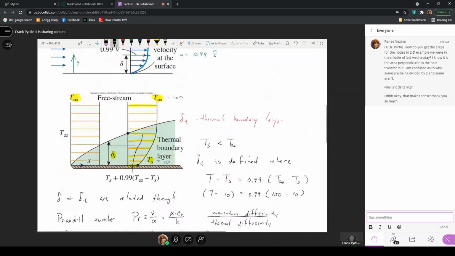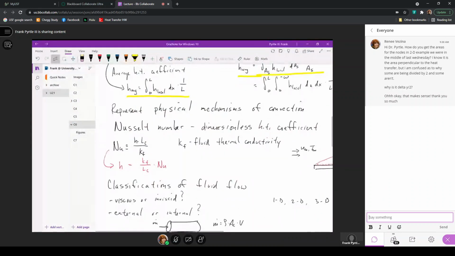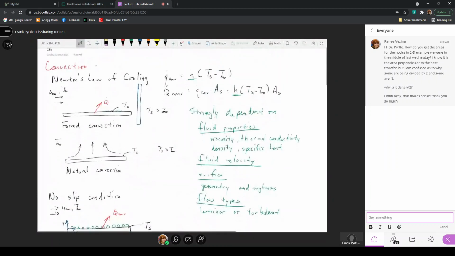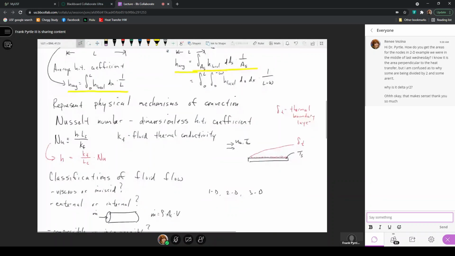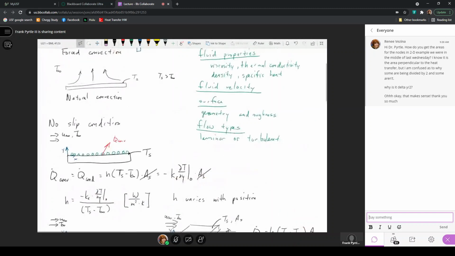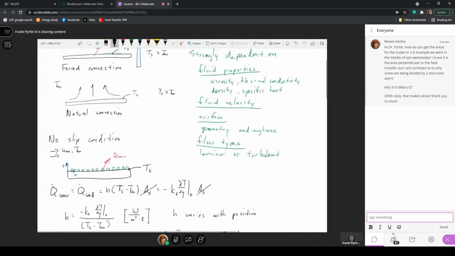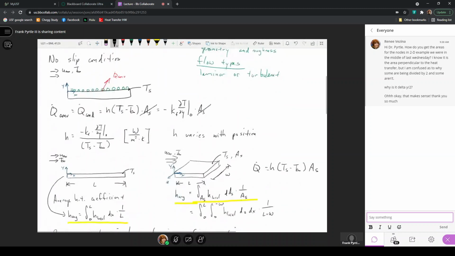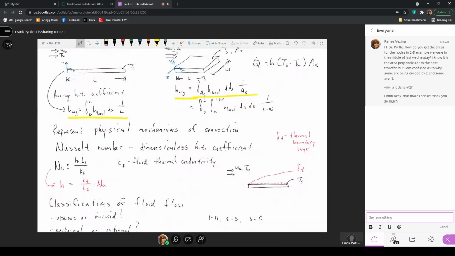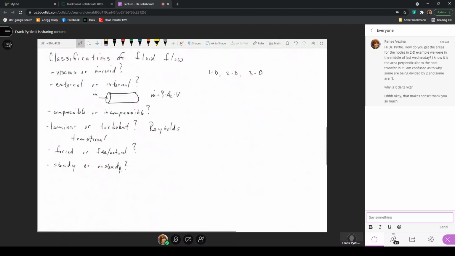Here, we're going to take into consideration these classifications of the fluid flow, along with all the fluid properties, the velocity, the geometry of the surface, and the flow time. We have to make those considerations so that we can select the right correlation to calculate a heat transfer coefficient.